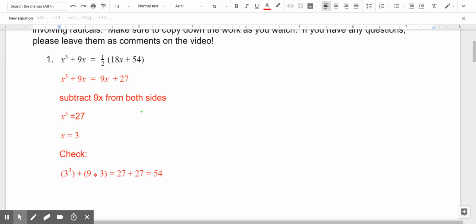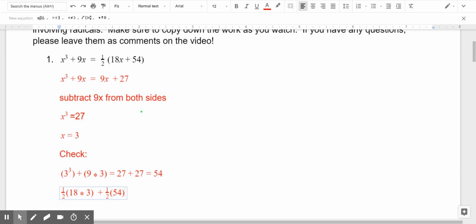The right-hand side is 1/2 of 18 times 3 plus 54. So plus 1/2 of 54. So what I've done is I've split that 1/2. I've distributed it through my parentheses already.